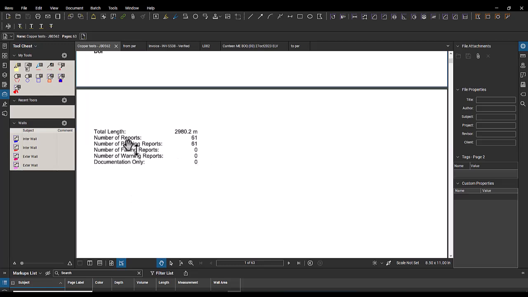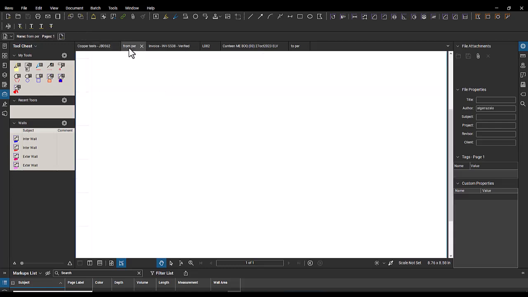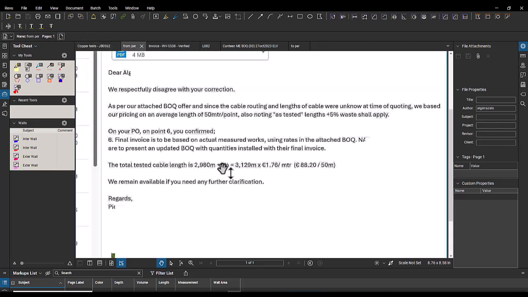Total length is 2981, which is the 2980 plus 5% contingency, which is 3109, and the unit rate is 1.76, which is equivalent to 88.20 per meter.